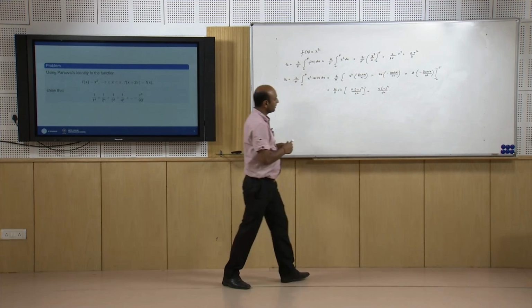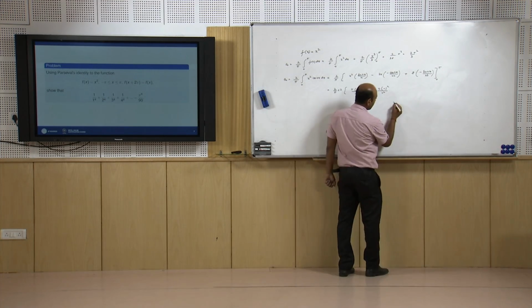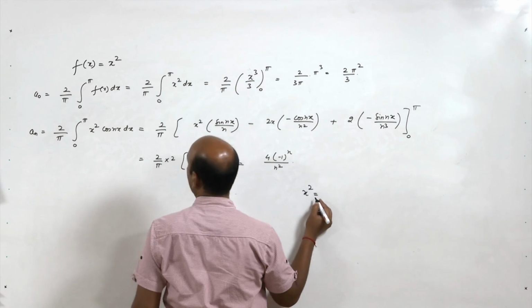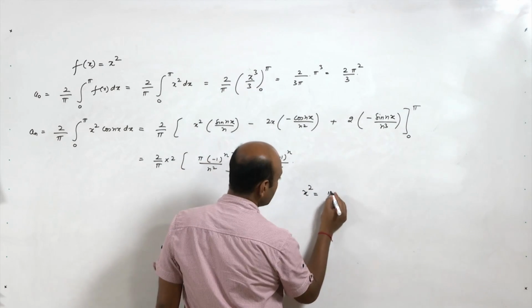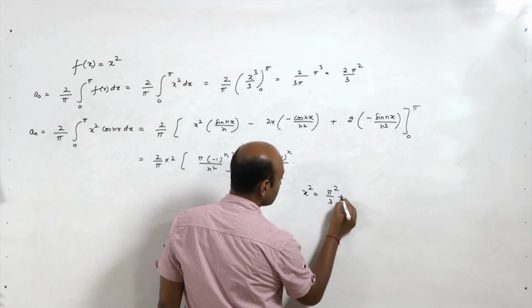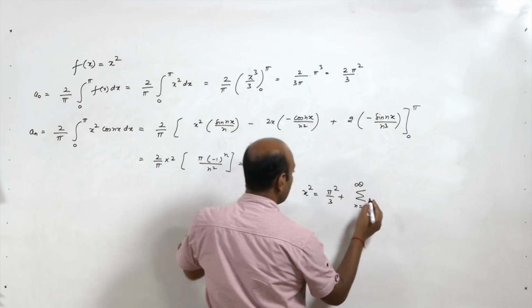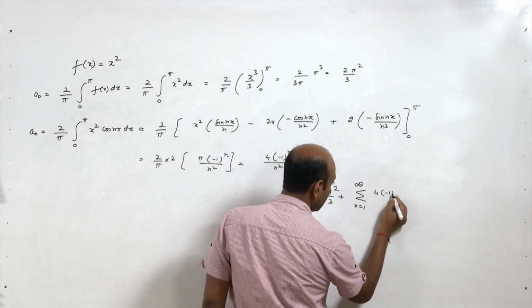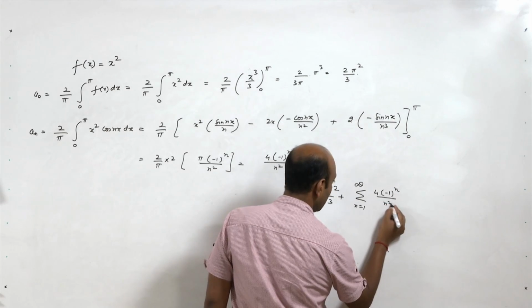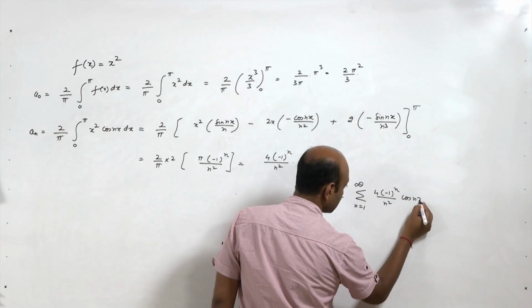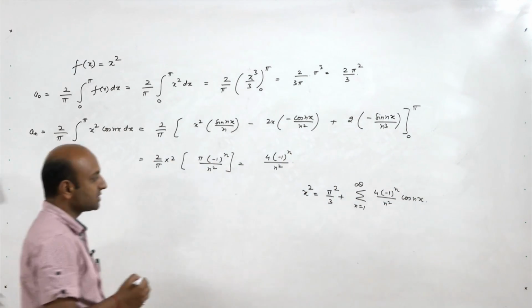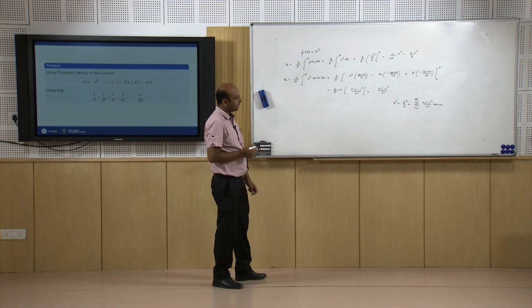So, we can easily find the Fourier series of this f(x). We already know x square is nothing but a naught upon 2, that is pi square upon 3, plus summation n from 1 to infinity, a_n, which is 4 (minus 1)^n upon n square, into cos nx. So, this will be the Fourier series of the function x square.